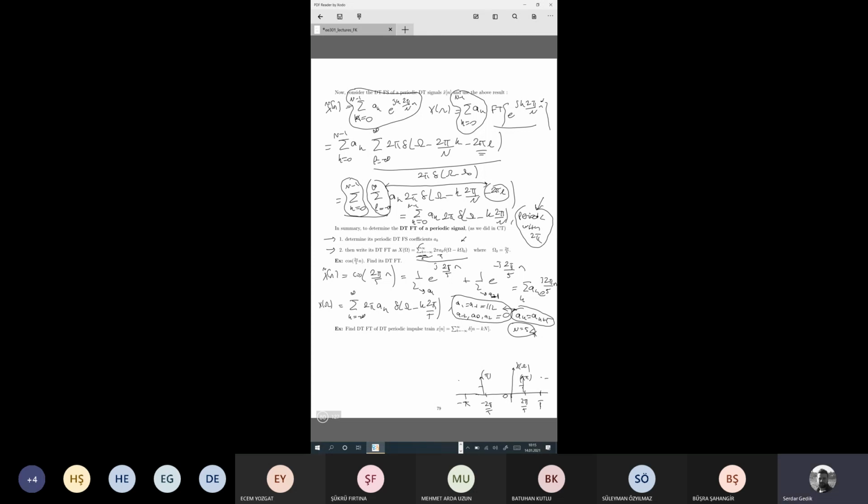The next example is about the discrete time impulse train. So you know that this is an impulse train. So impulse of n is shifted by capital N amounts.